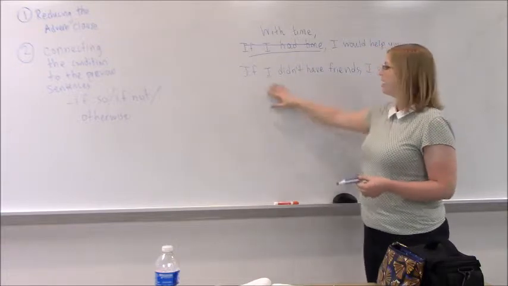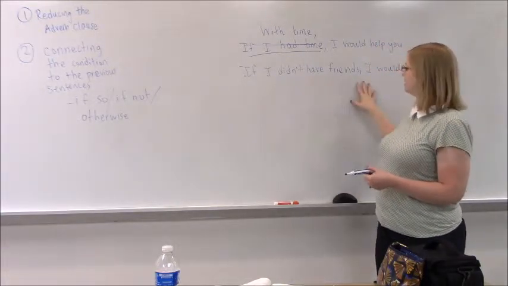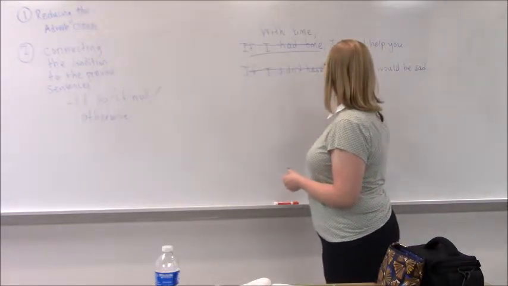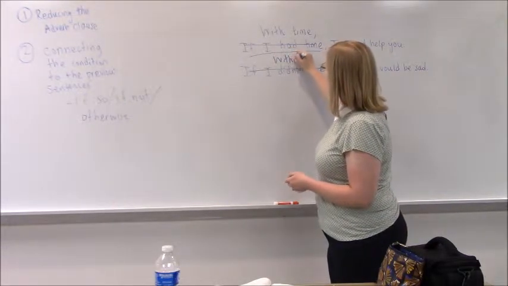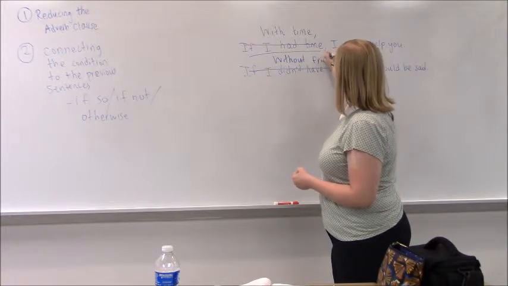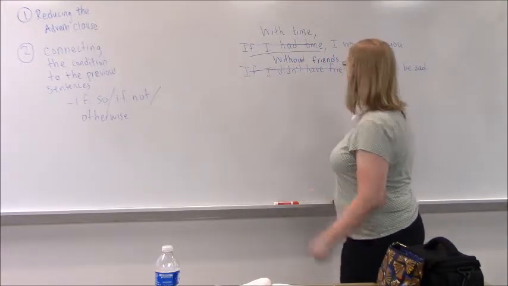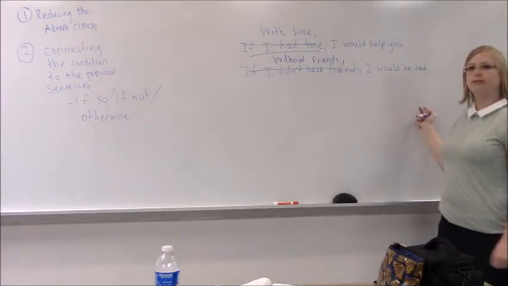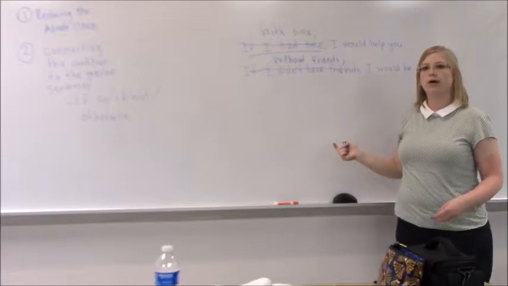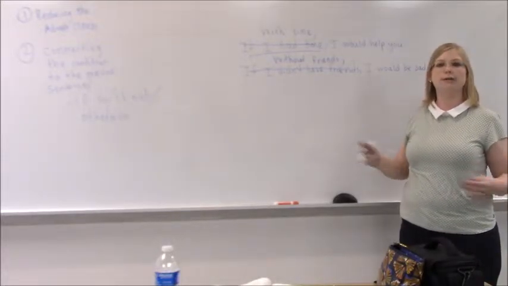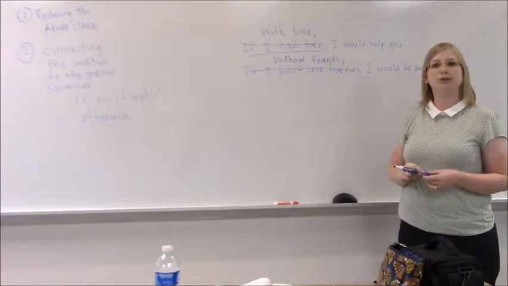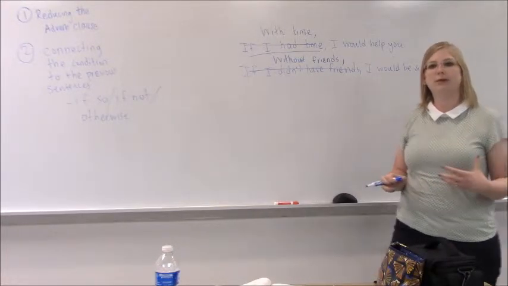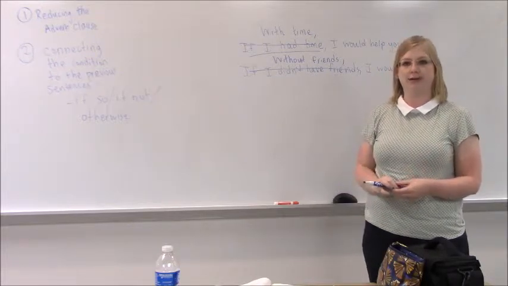Or if I have a negative structure, if I didn't have friends, right, I can make this sentence, without friends, comma, I would be sad. Okay? In both of these situations, we are changing the conditional clause to a sort of reduced form, but it is a prepositional phrase. Most specifically with this idea of having things.